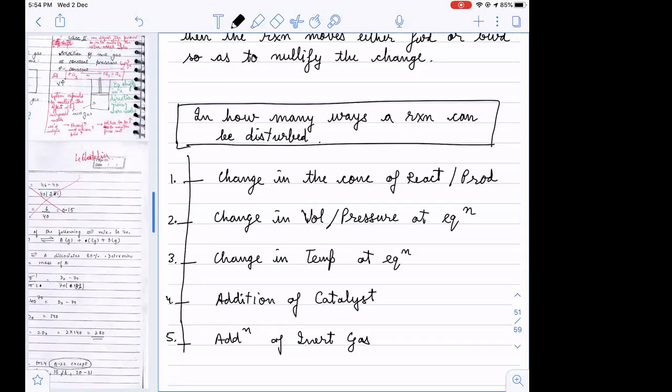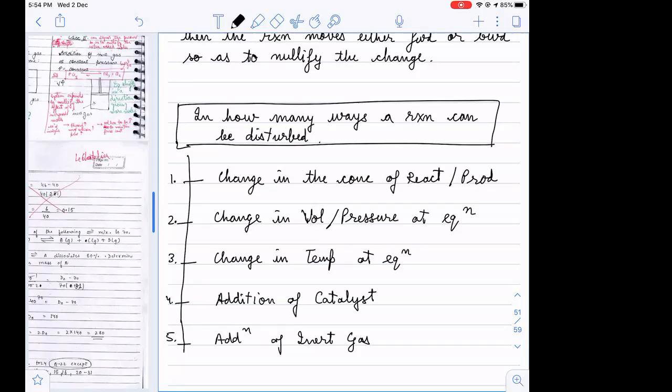Come on. Yes, sir. Okay, the value of Kc will change. Okay, any other answer? Come on, Nikhil, Charan, Daksh, your answers, please. Value of Kc will change if the concentration of reactant or product is changed.